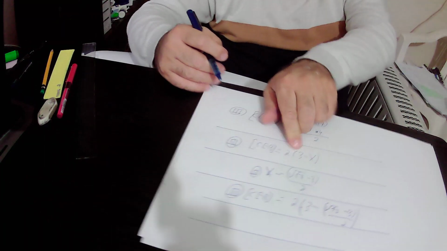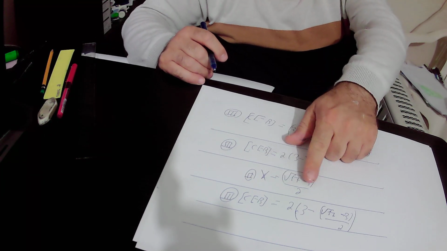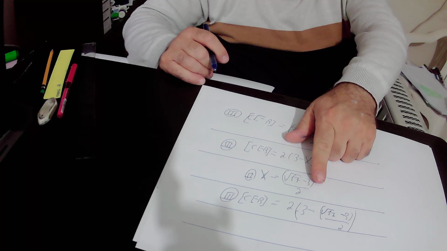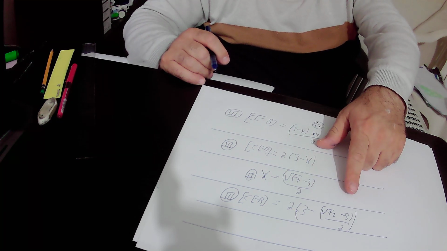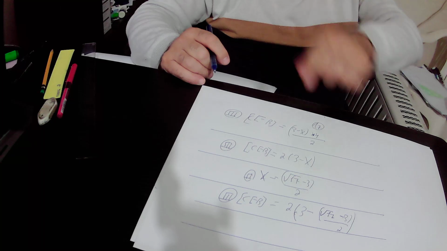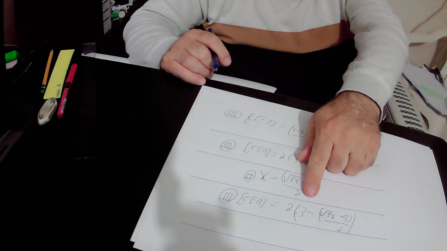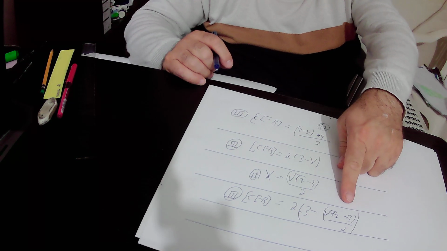So the area of the green right triangle CEB equals 2 times 3 minus square root of 17 minus 3 over 2. So here we will multiply 3 by 2 and then we will divide it by 2 in order to have a common factor with this expression.